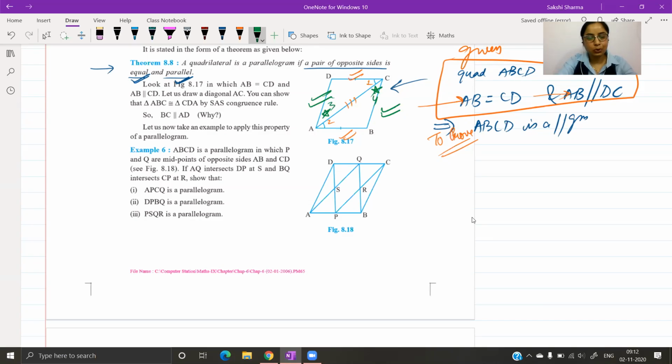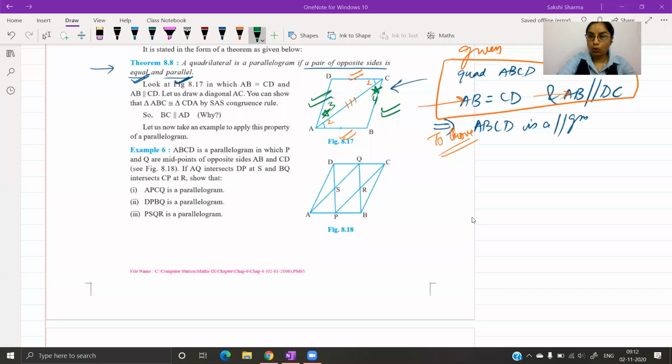Maybe I'll just give it a thought. I haven't thought that way, that if a quadrilateral has a diagonal dividing it into two congruent triangles, that quadrilateral will be a parallelogram, because its converse is not something we have. But I will definitely give it a thought in case that result works. But as for now, you cannot use it. You have to do this by proving the congruence of those two triangles.